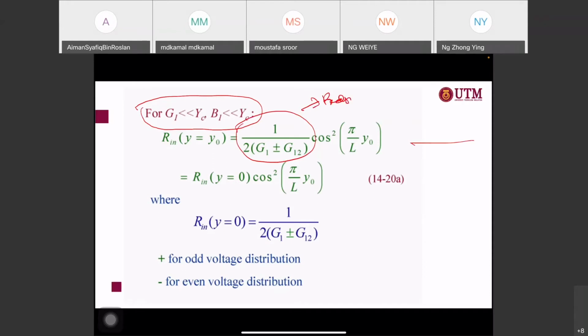Okay, so if you have W and L, at this particular point, this is the R_H here. In this case, they consider the mutual coupling between these two slots when we modeled it before. Then you need to find out what the R_in is if you have 2(G1 plus or minus G12) here, for odd voltage or for even voltage.